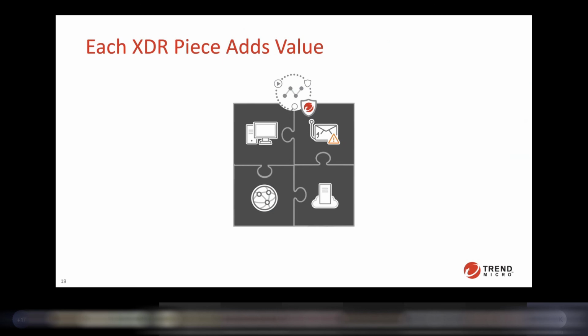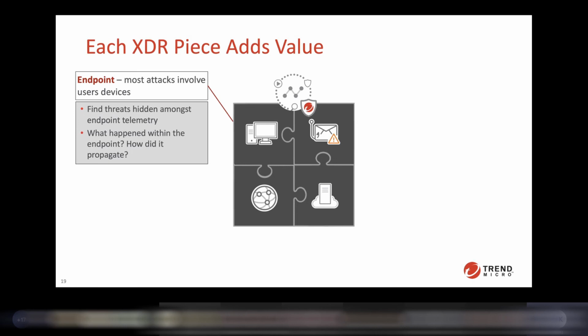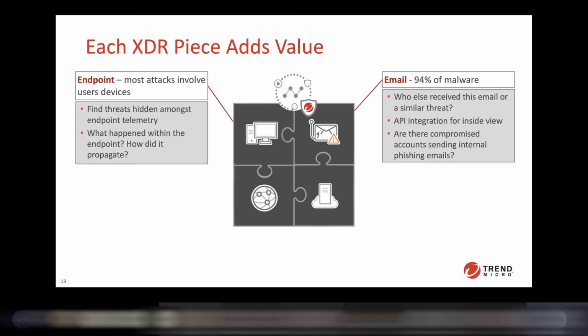So when we look at these parts on the previous slide, we could tell that every XDR could add value. The attacks mostly go to the endpoints, so we are able to find the threats in the activity data, and we could follow the attacker, find the propagation way, etc. Actually, most of the attacks start with phishing or other kinds of malicious emails.